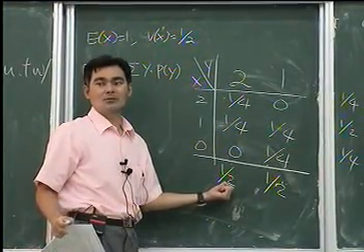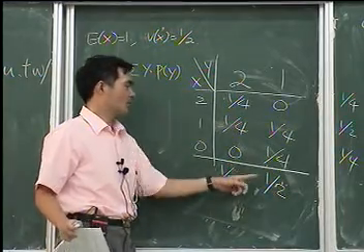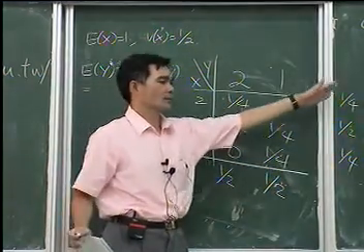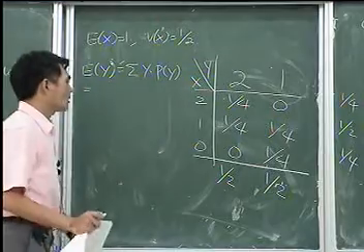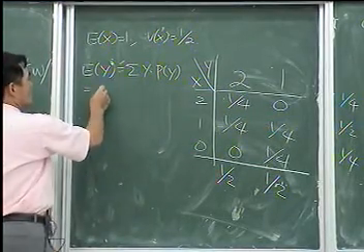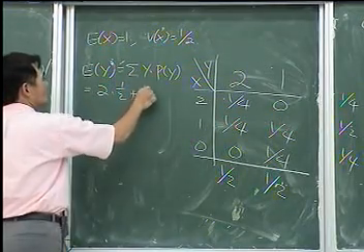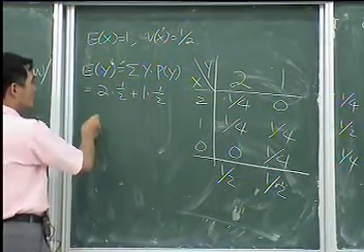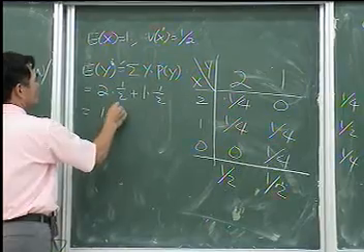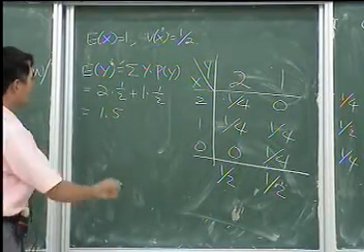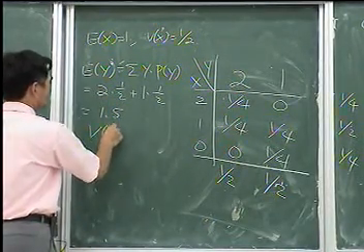We talk about marginal probability because these probabilities are on the margin. It should be first one 2 times 1/2, plus 1 times 1/2. So what do you get? You get 1.5.